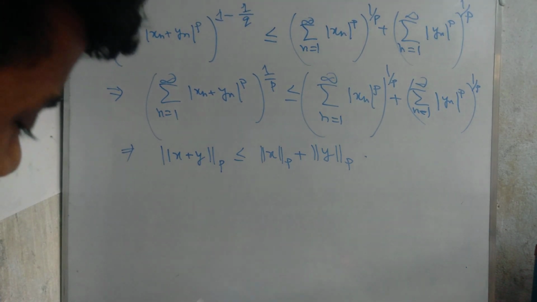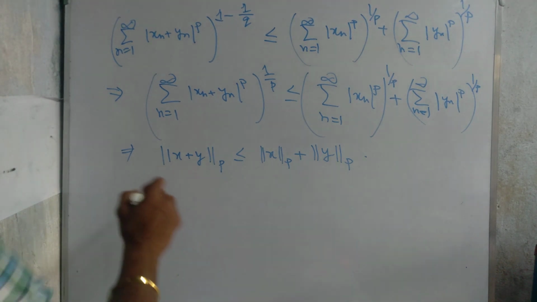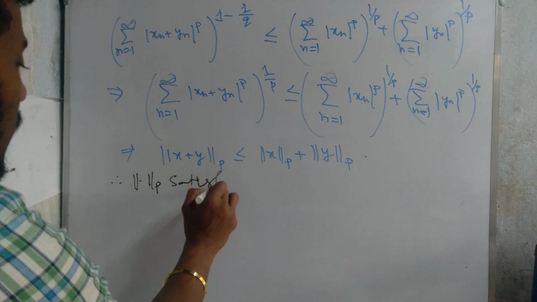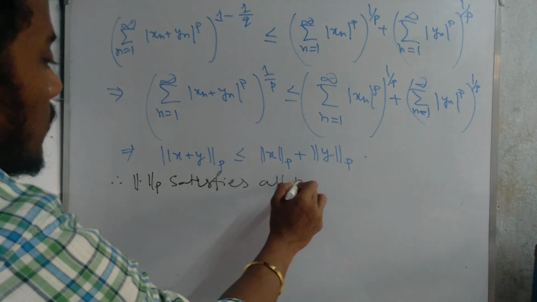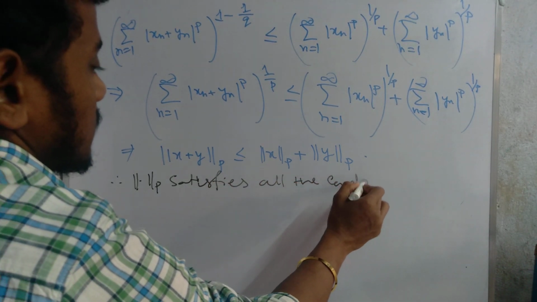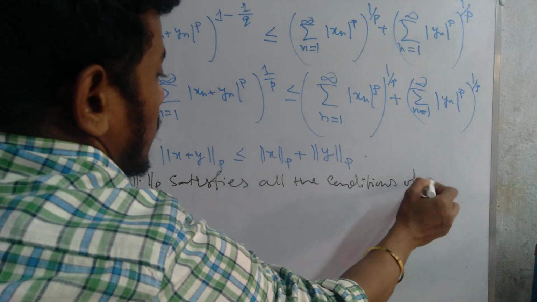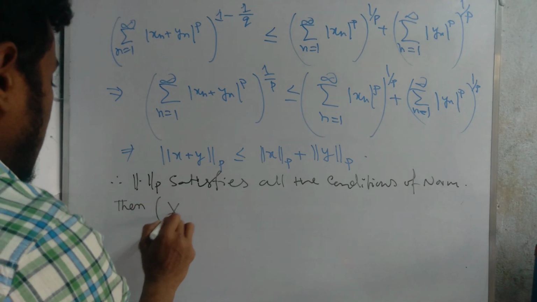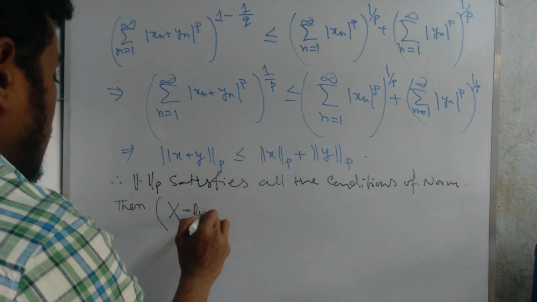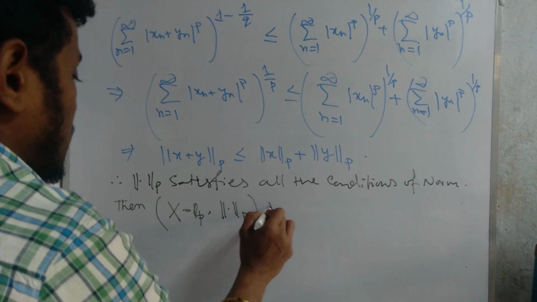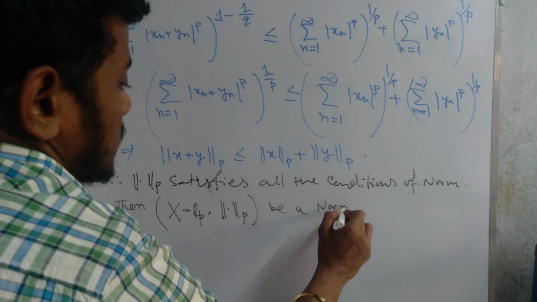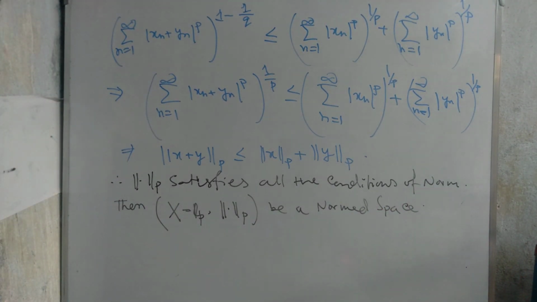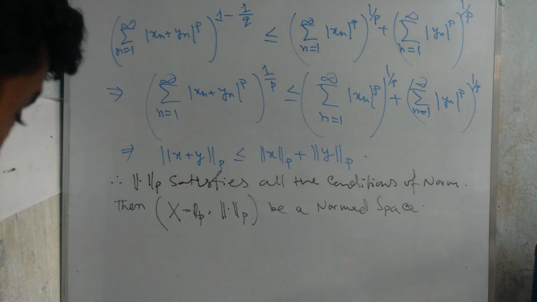So this is not needed here. We just write that the norm in p satisfies all the conditions of a norm, so lp with the p-norm is a normed space. Then we are done with this.